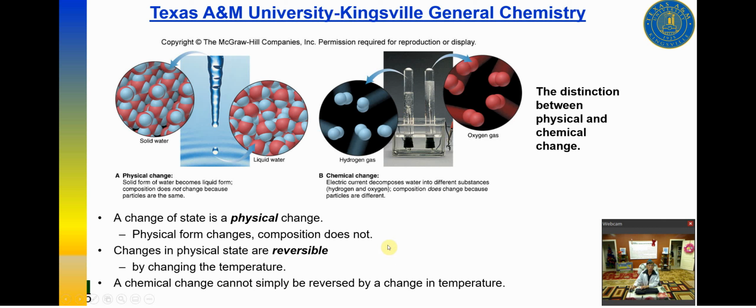In a chemical change, one or two substances are converted to something else. In this case, one substance, water, is converted to hydrogen gas and oxygen gas. This change is non-reversible. Even though you change the temperature, water, hydrogen, and oxygen are not going to be interchangeable.